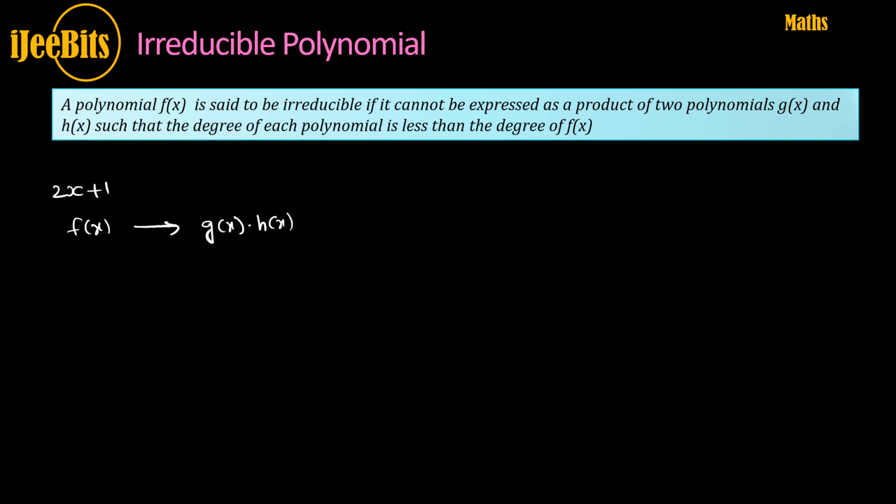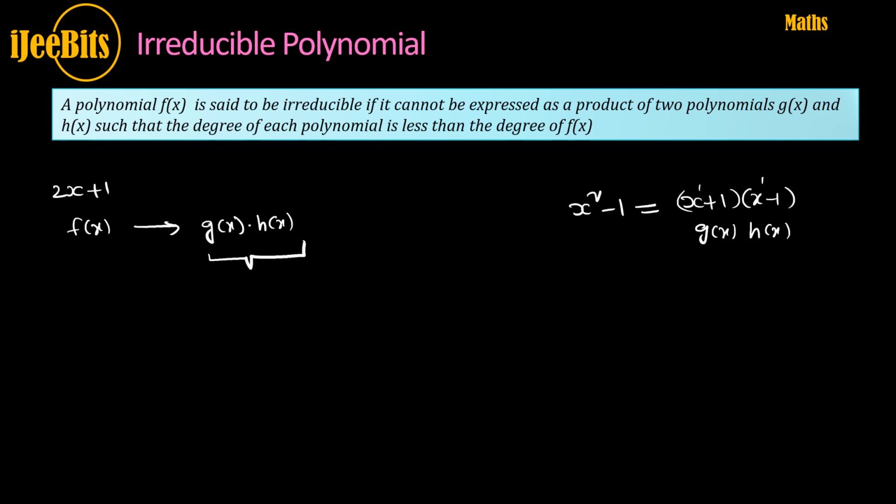If you are able to express it in these terms, then we can say it is a reducible polynomial. Let's say, for example, x square minus 1 can be written as x plus 1 times x minus 1. Correct? So these are the two polynomials, right? This is g of x, let's say this is h of x. The degree of g of x is 1, the degree of h of x is 1, which is lesser than your f of x.